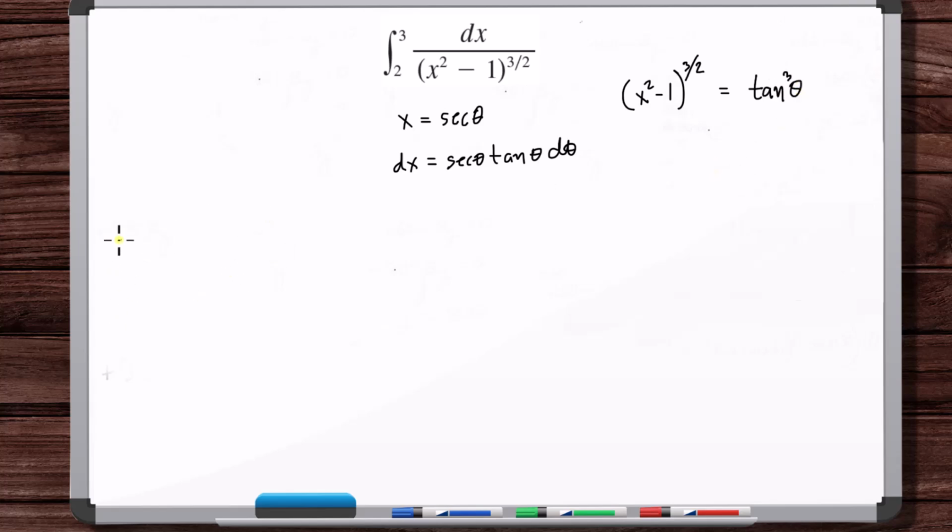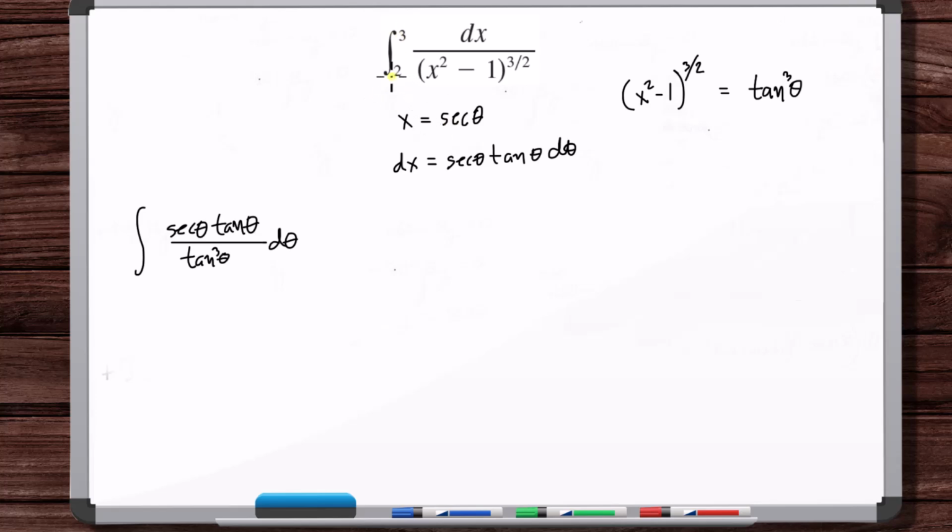Okay, so now we've got tangent cubed theta. Well, let's do this because we're going to simplify it. So we'll have secant theta tangent theta all over tangent cubed theta d theta. But now let's update the limits of integration.